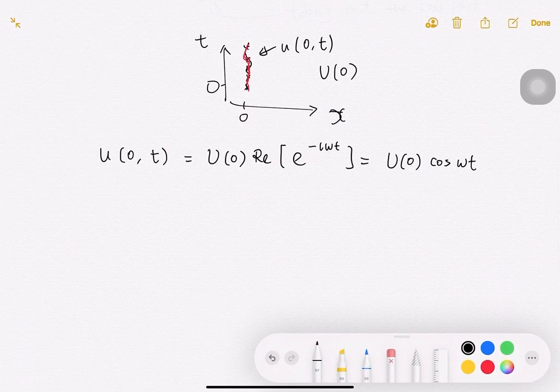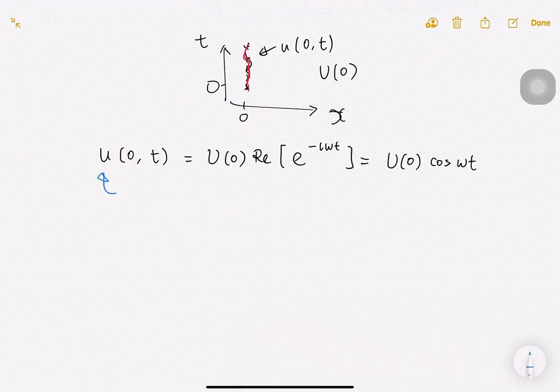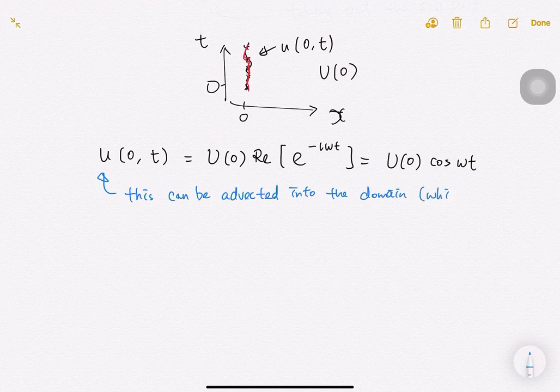So this can be affected into the domain, the white region, given c is larger than 0 in this case.